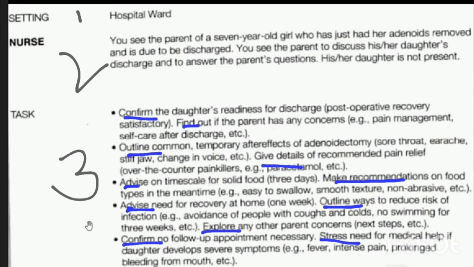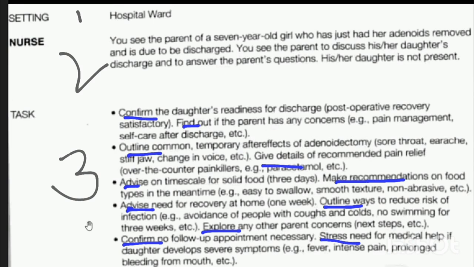So next is explore any other parent's concern. Next step. So we can also ask Sarah, do you have any other concern regarding your daughter? So then she says regarding any follow up appointment. Then the nurse can clearly confirm with the parents that actually no follow up appointment is necessary for Mary's condition now.